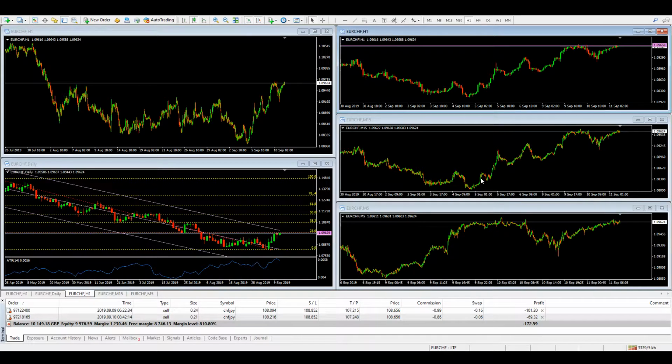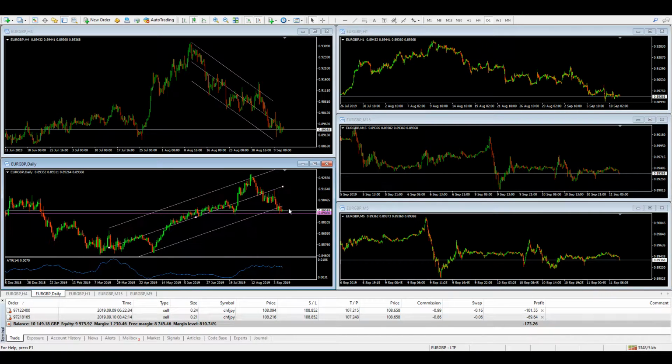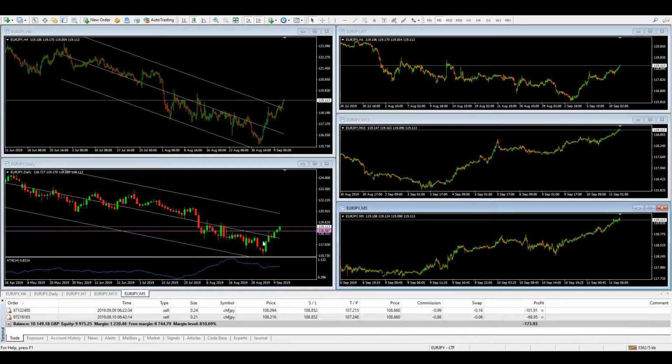What else we got? Euro GBP, no. Say bullish on this overall, but no signs of real reversal. This most recent move here that we've got captured in the 4-hourly is quite bearish. So I would want to see some signs of it moving higher before considering going long on that.